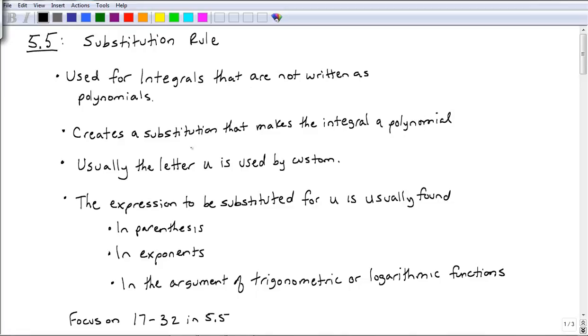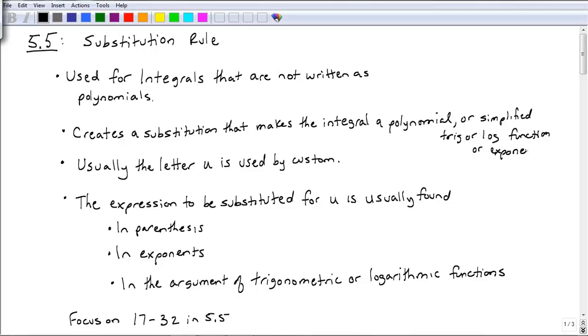And usually when they do this, they use the letter u, but that's just by custom. They call it u substitution a lot of times. And the expression that you should be substituting for u is usually found in parentheses, in exponents, or in the argument of a trig or log function. So you can either write the integral as a polynomial or a simplified trig or log function, or exponential function.